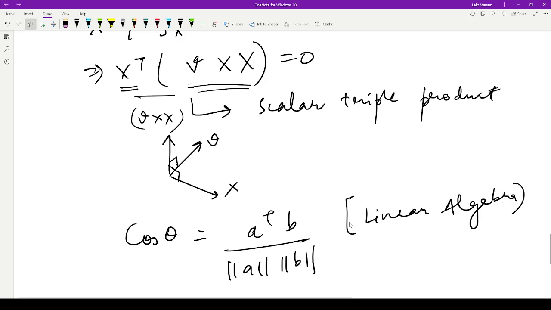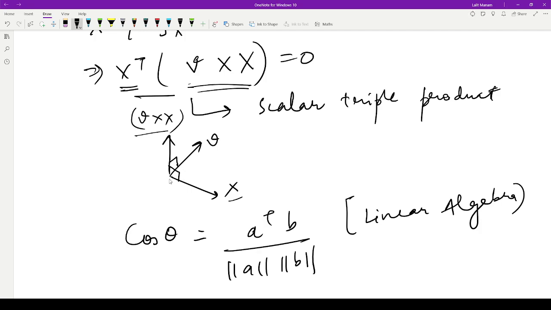So that means what? If you are taking A transpose B or x transpose some other vector, it means that we are taking a dot product, so it will be proportional to cos theta, right? The angle between V cross x and x is 90, which means cos theta will be 0.